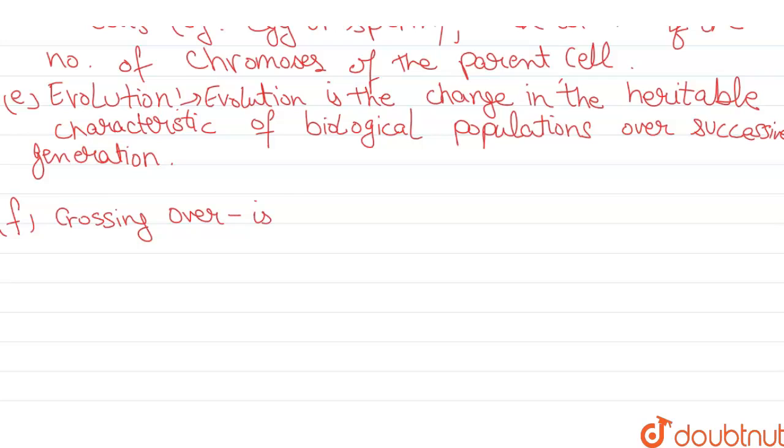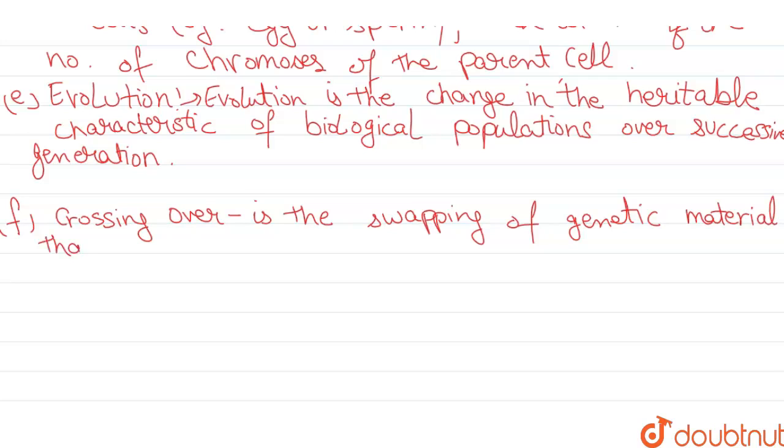It is the swapping of genetic material that occurs in the germ line during the formation of egg and sperm cells, also known as meiosis.